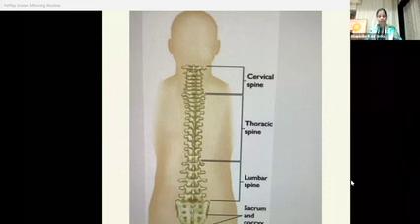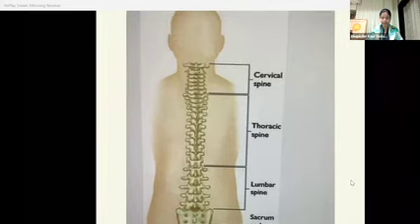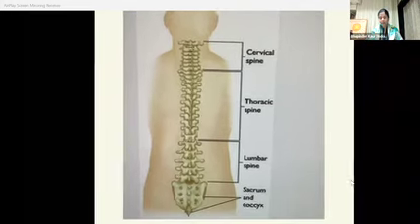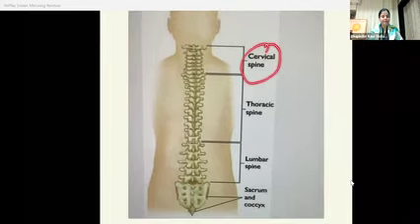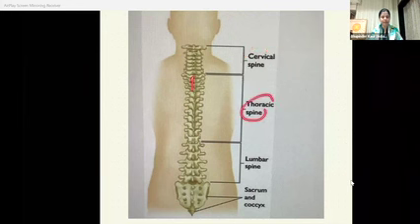Now, first, you all know where the spine is. This is the spine. We have cervical, 7 vertebrae; thoracic, you can see this is the thoracic region, 12 vertebrae; lumbar, 5; and sacrum, 5. Then the coccyx, this is contracted, this is fused, 4.